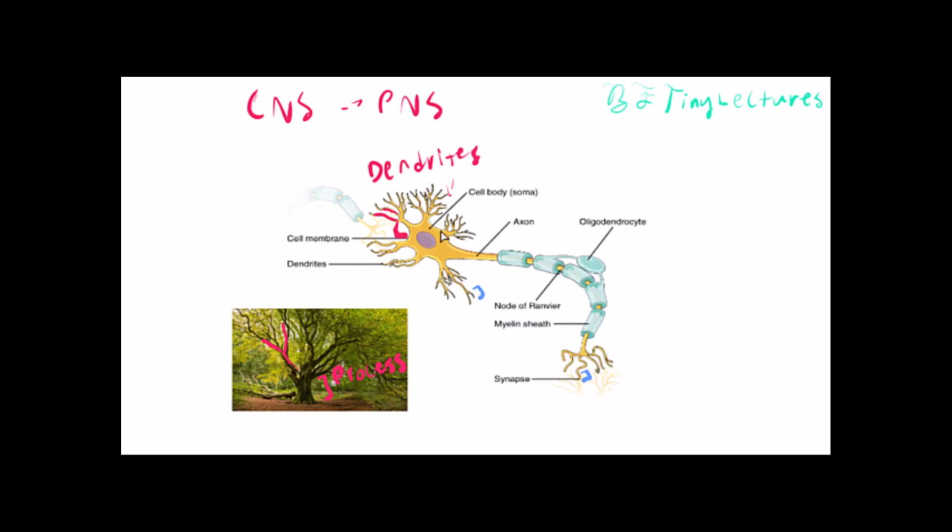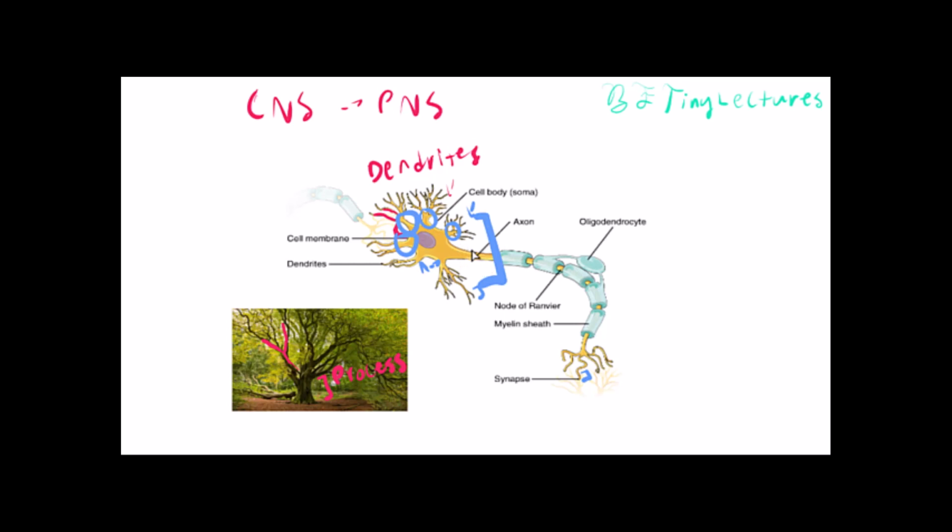So here in this neuron, we can say that there are how many processes? 1, 2, 3, 4, 5, 6, and then 7. But there's something different about this large process.